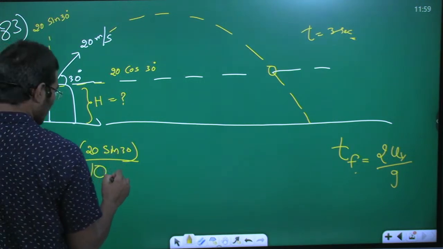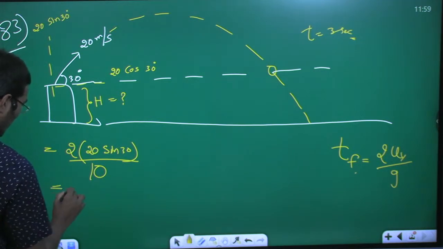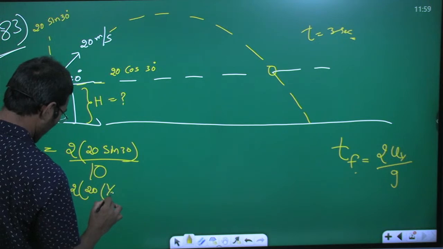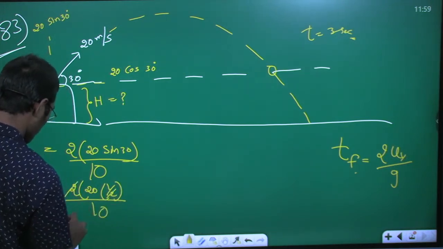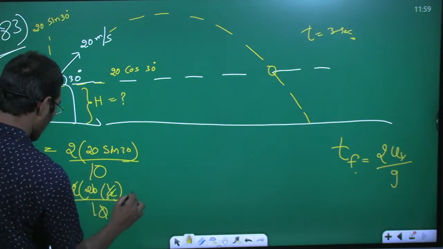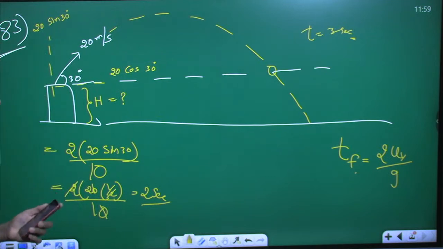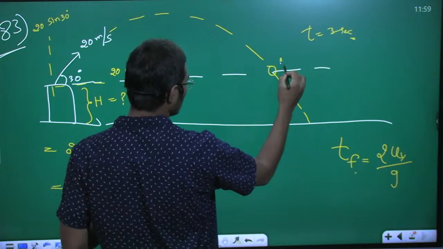So sin 30 is half. So we get 2 seconds. The time of flight till here will be 2 seconds.